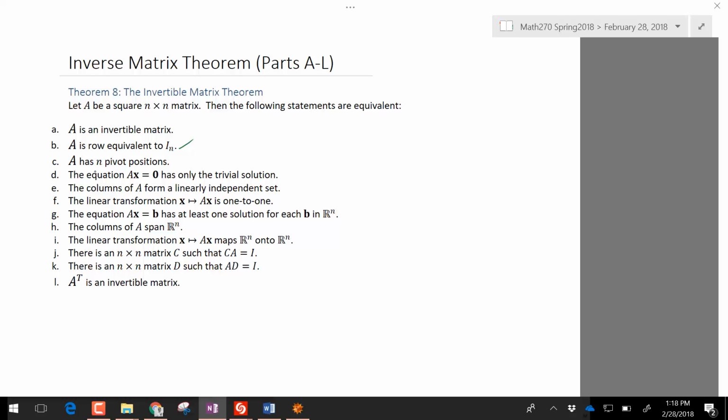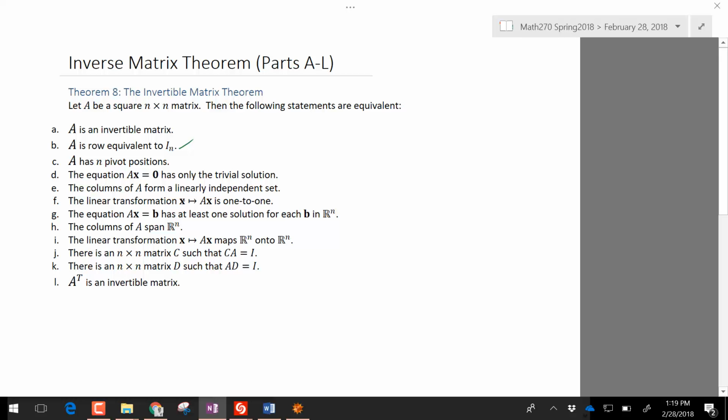The equation Ax equals 0 has only the trivial solution. That's true because of part C, right? The trivial solution is 0, 0, 0, which means there are no free variables. I guess no free variables is the same as having n pivot positions.